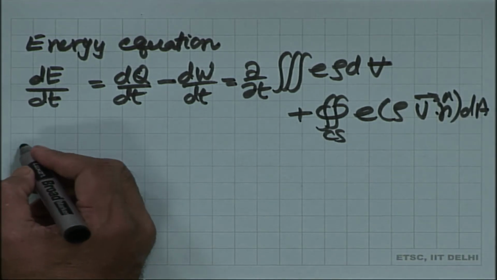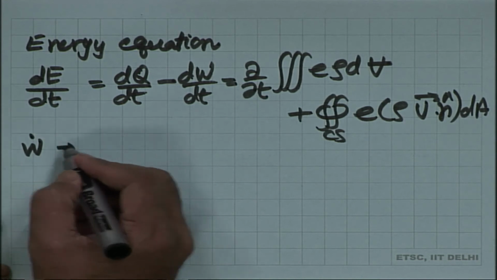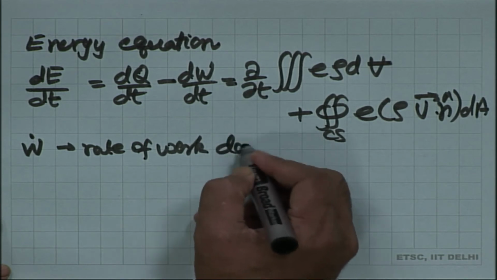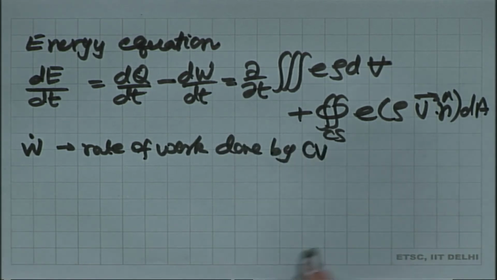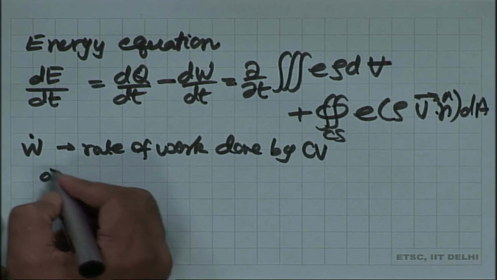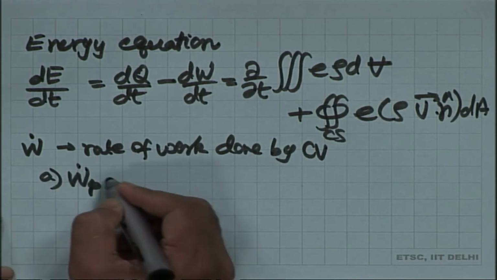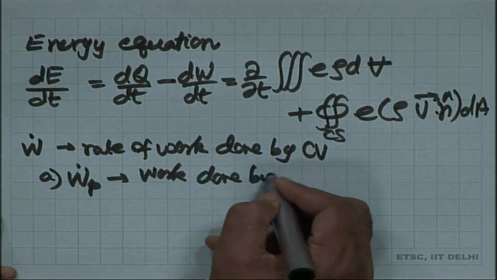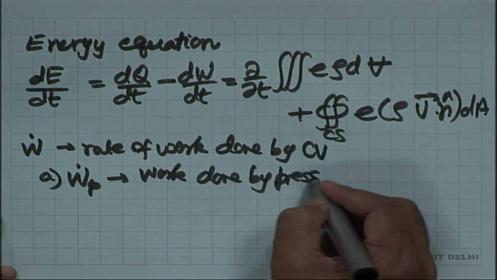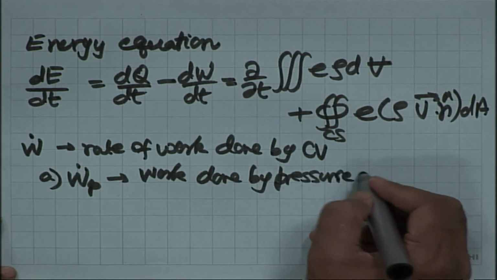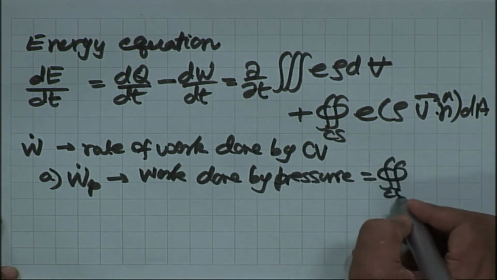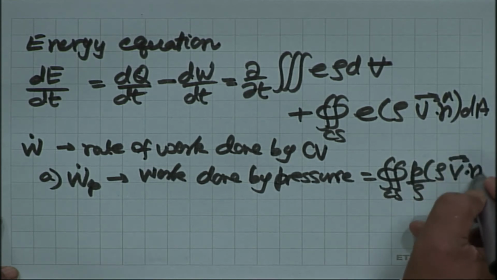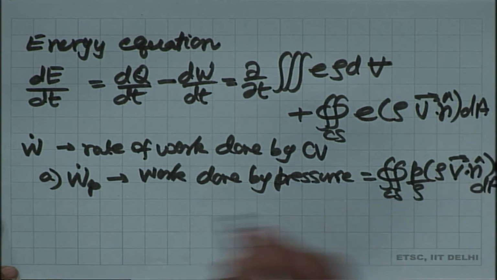What we had shown was W dot was the rate of work done by the control volume, and it consisted of W dot P, work done by pressure, which is equal to integral on the control surface P by rho V dot dA.